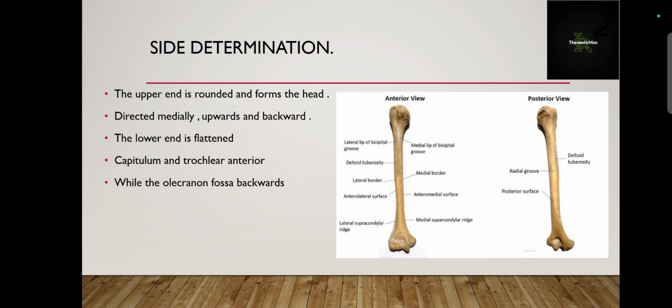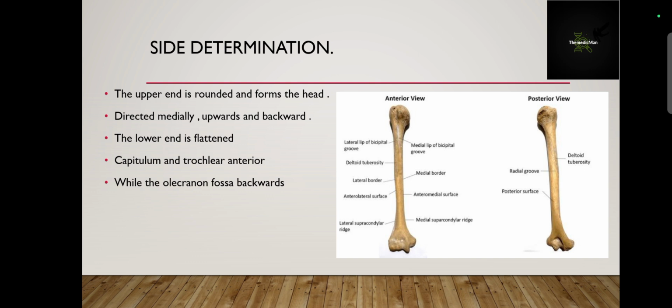The upper end is directed medially, upward and backward. So if we are holding the humerus, we have to see that the head of the humerus is directed medially, that is, the head is pointed towards our trunk. Then the lower end is flattened. If we have to determine the humerus, we have to see the upper end and the lower end.